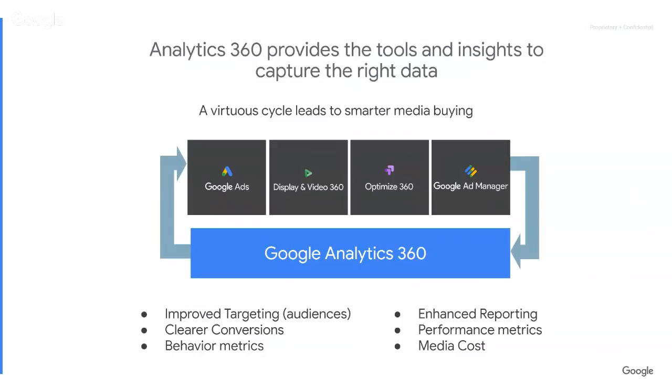By connecting GA360 to Google Ads, Display and Video 360, optimized for A/B testing, or Google Ad Manager, you will be able to see improved targeting to create audiences, clearer conversions, behavior metrics, enhanced reporting, performance metrics, and most importantly, media cost.